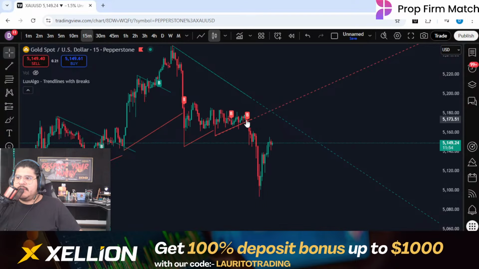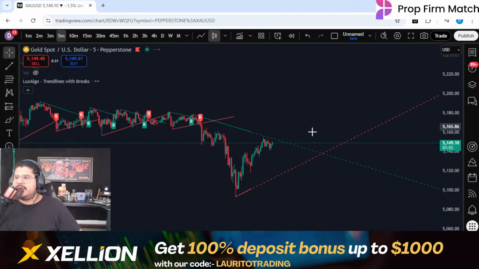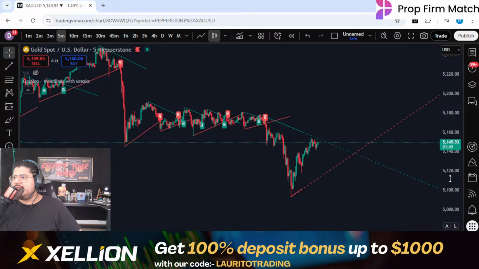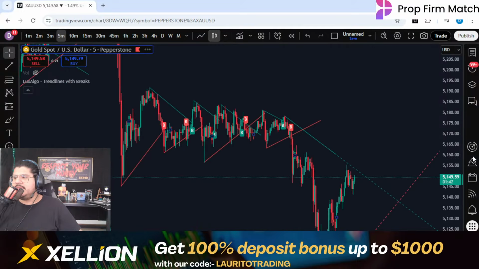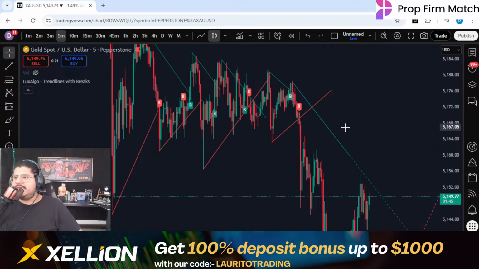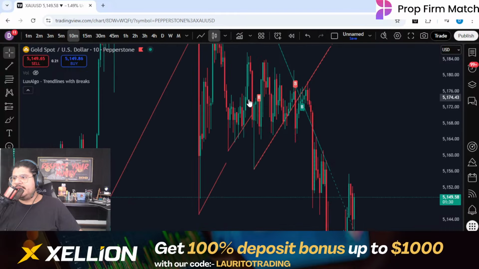Because these candles, for example, these signals, in 5 minutes of course green is for long and red is for sell. But looking at 5 minutes it's like both sides for all the positions.